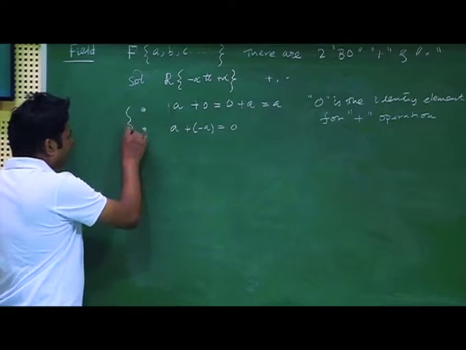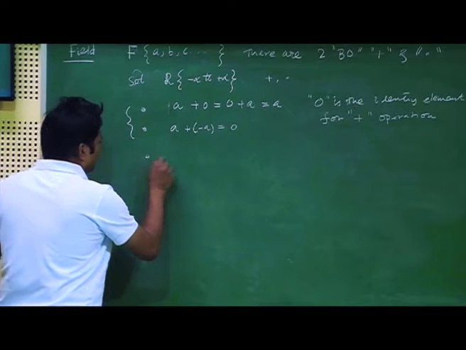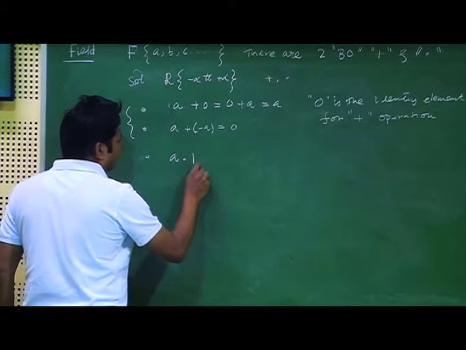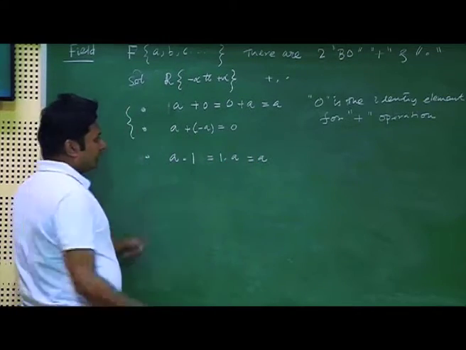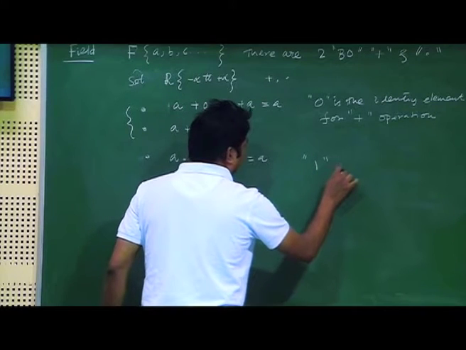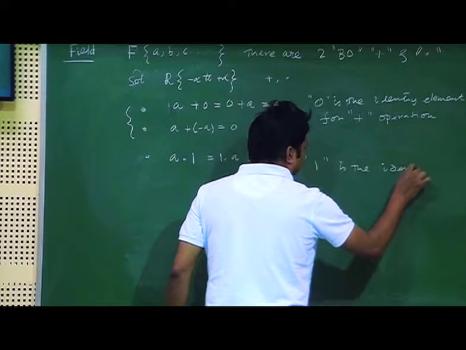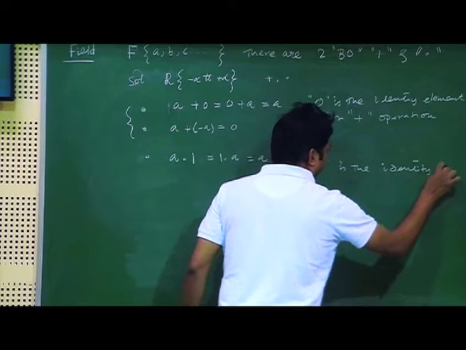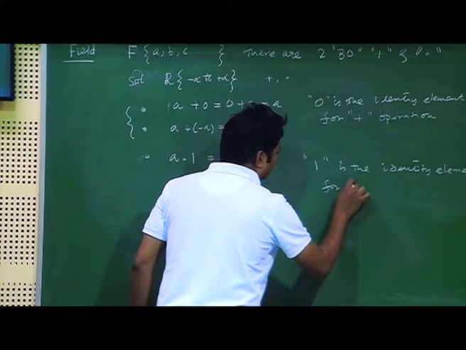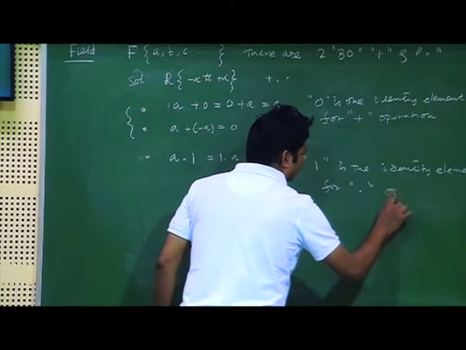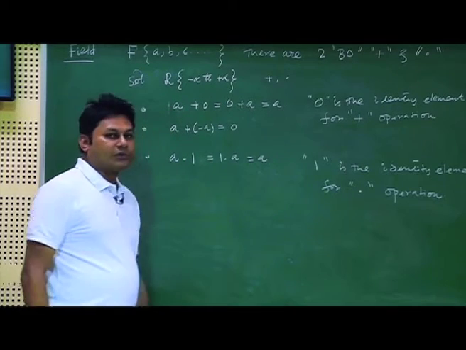So, these two follow. What about the multiplicative identity and multiplicative inverse? As I mentioned, A star 1 is equal to 1 star A is equal to A. So, 1 is the identity element for the dot or multiplication operation.